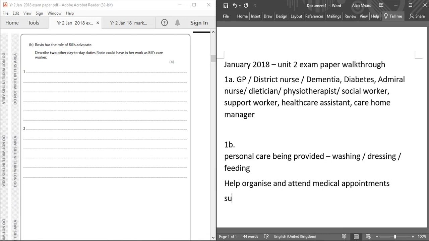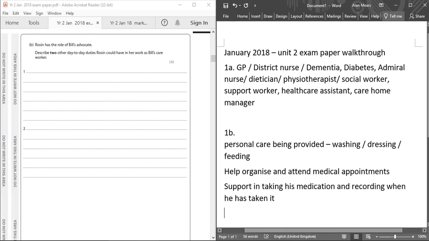She might support him in taking his medication and recording when he has taken it. Again, dementia is going to make it difficult for him to remember to take his medication. So we've got personal care, we've got organising appointments, we've got supporting him in his taking of medication.